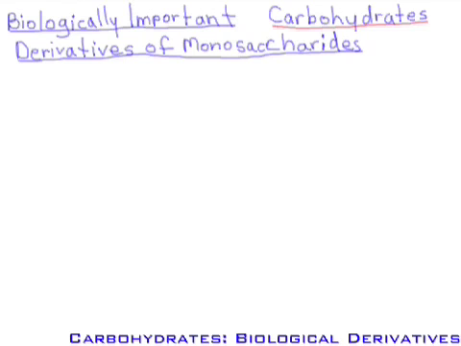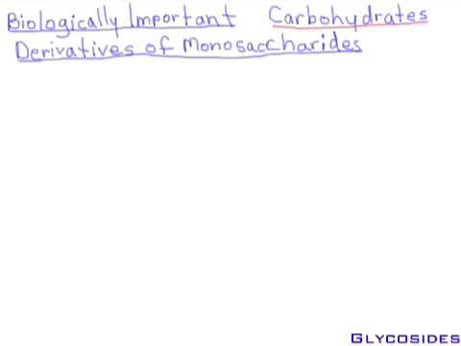In this scribblecast lecture, we're continuing with our study of carbohydrates and are going to look at biologically important derivatives of monosaccharides. Now, clearly, one biologically important derivative is the glycoside. The glycoside we've already covered.